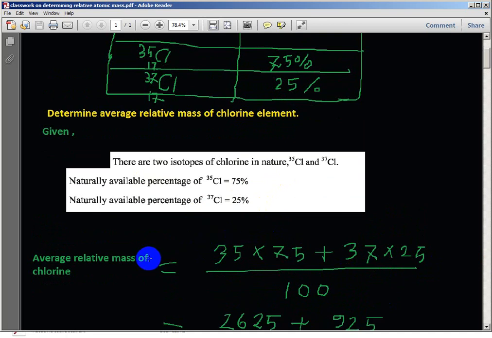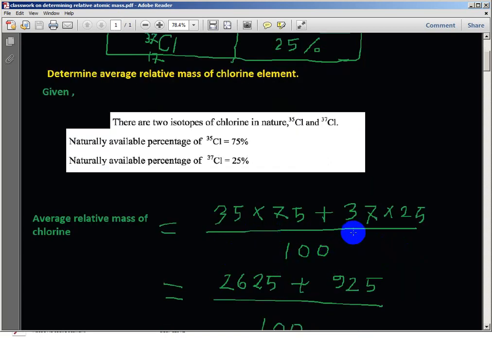So here the mass is 35 and for this isotope the percentage is 75, so 35 multiplied by 75. Then the second isotope mass is 37 and its percentage is 25.